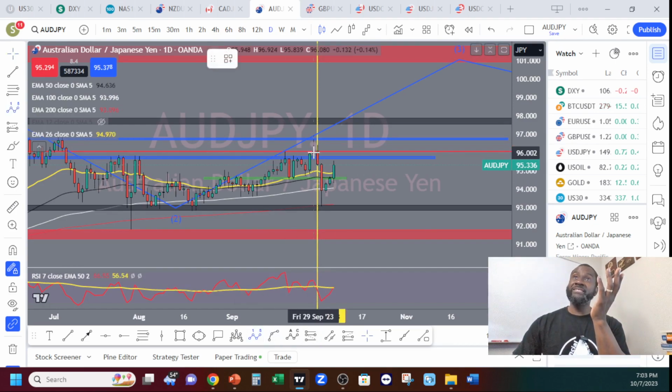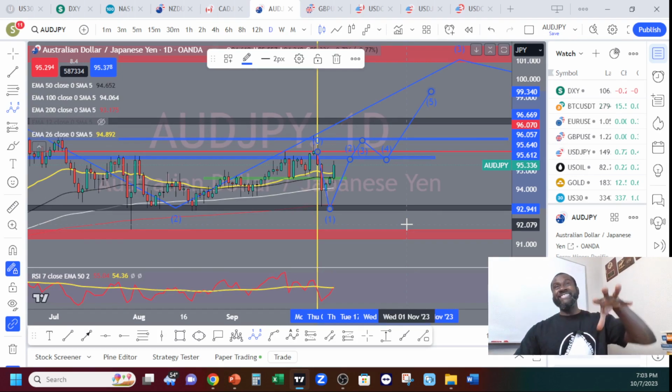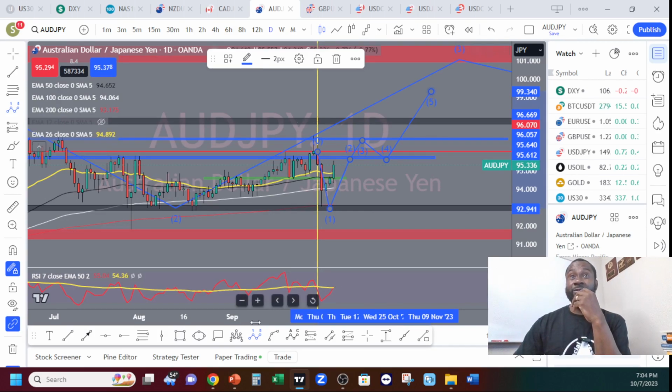After this close the week before last, we were thinking price would come here, either to break it or to do this. So this is in a daily time frame, and this is what happened.